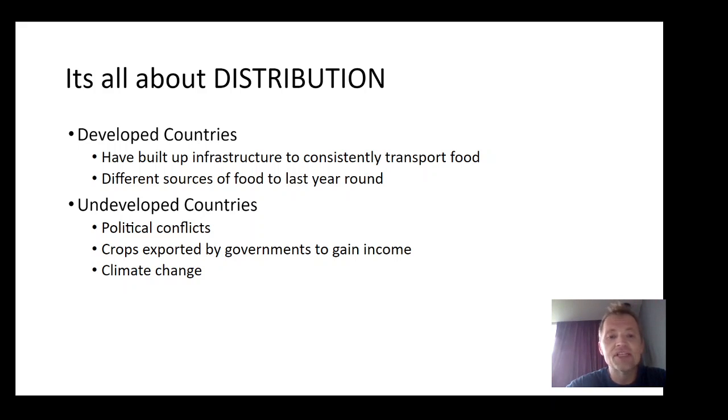Developed countries have built up infrastructure to consistently transport different sources of food to last year round, right? I'm just going to use the United States as an example. One of the two largest growing zones is in the Midwest, where I grew up. It's in the middle of the continent, which has some of the best soil on the planet, but it gets very hot summers and very cold winters, so it's only seasonal.